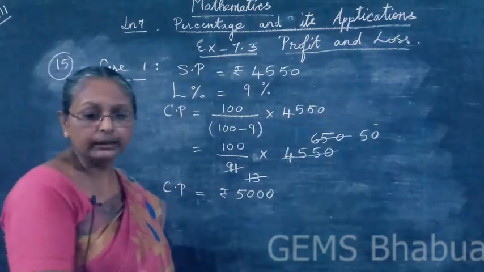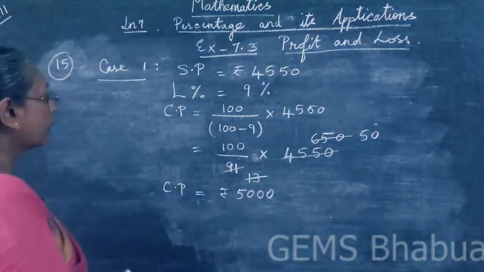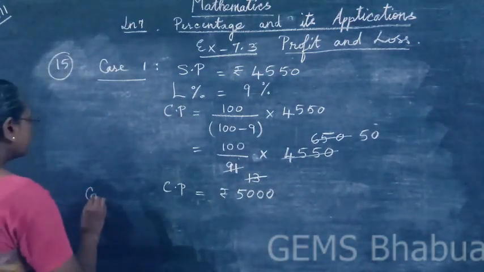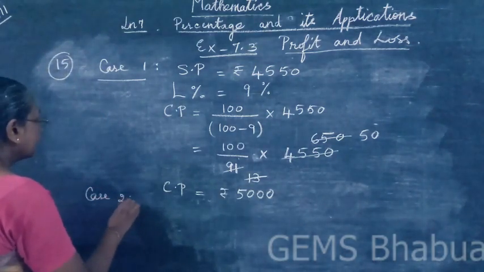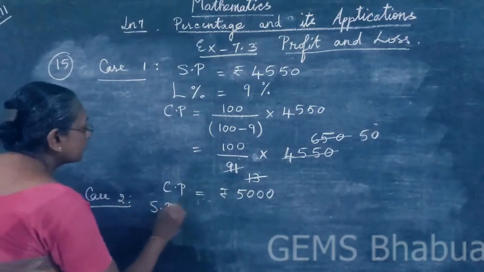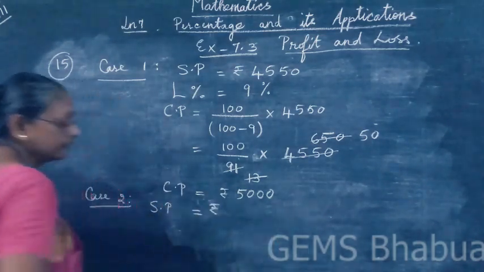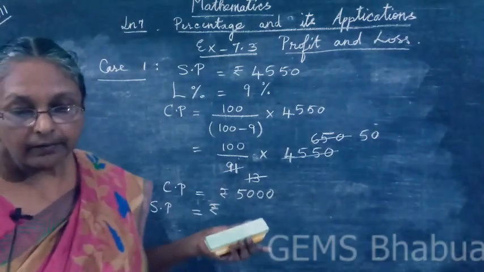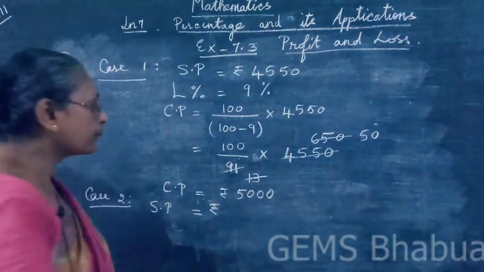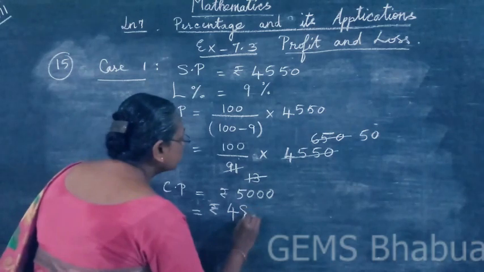Now we can go to the second case. So what is the second case? In the second case they are telling the SP is given to be rupees 4,825. What will happen? So that is the second case.